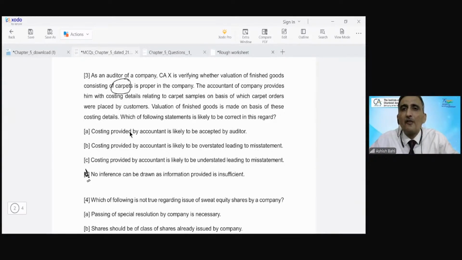So he wants to verify whether valuation of finished goods, which are carpets in this case, is proper in the company. So the accountant of the company provides him with costing details relating to carpet samples on the basis of which carpet orders were placed by customers.